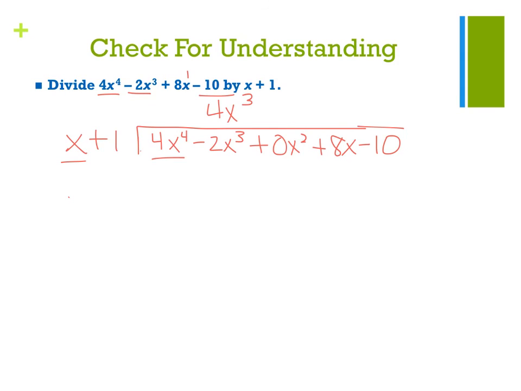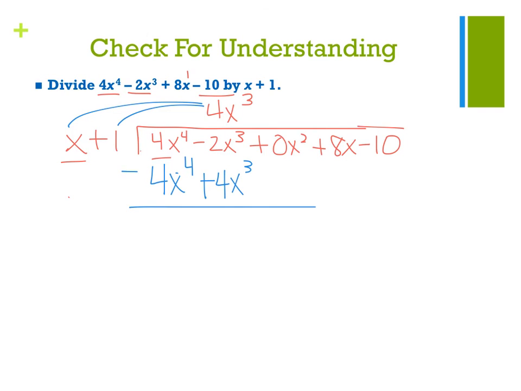If I multiply 4x cubed times x plus 1, I get 4x to the fourth plus 4x cubed. When I subtract, I get nothing here. 4x to the fourth minus 4x to the fourth is 0. Negative 2x cubed minus 4x cubed is negative 6x cubed.